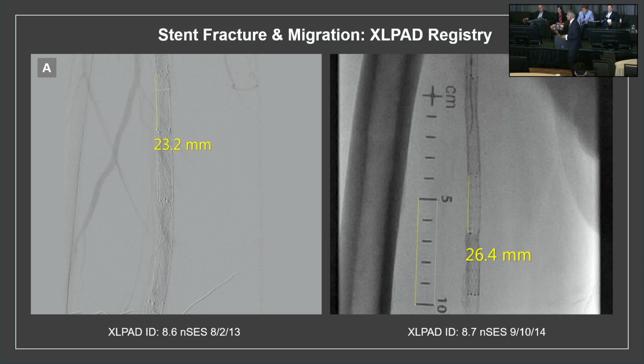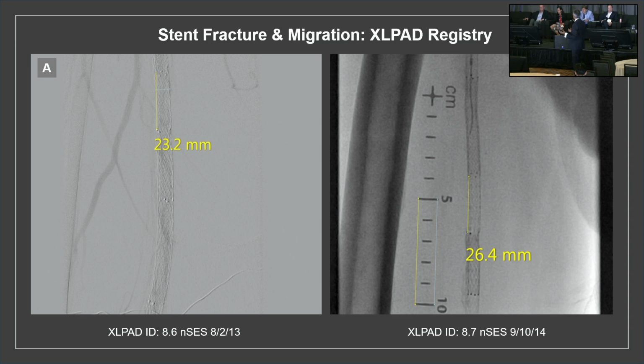Now, pay attention to these cases of stent fracture and migration. Panel A shows the location of the short stent that is marked in yellow within multiple layers of stents. Look at a different date in 2013 to 2014 where that short stent has actually migrated down the SFA.